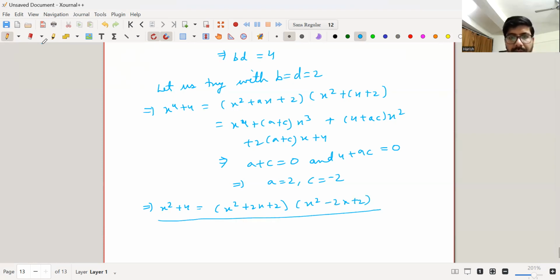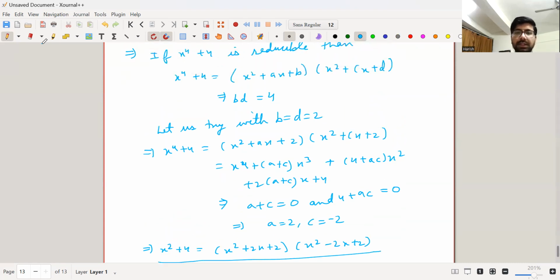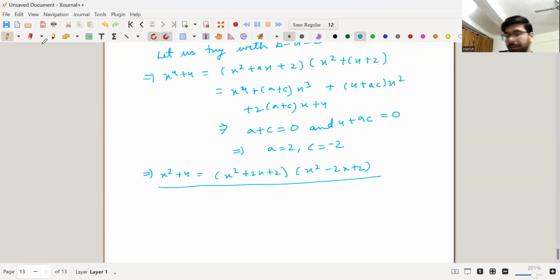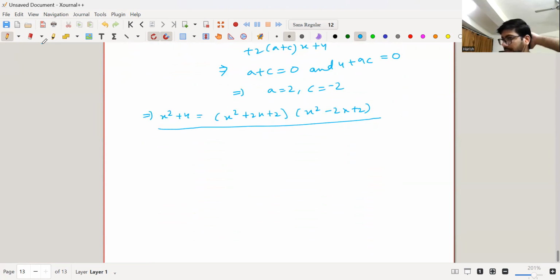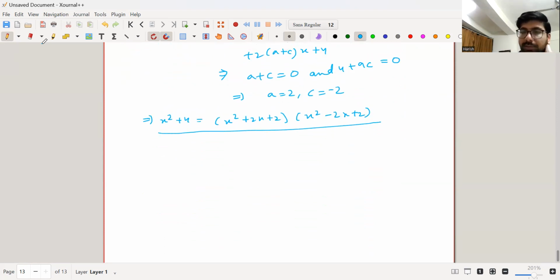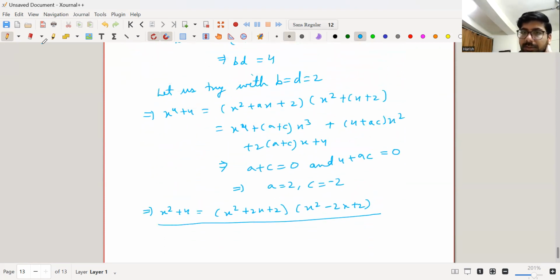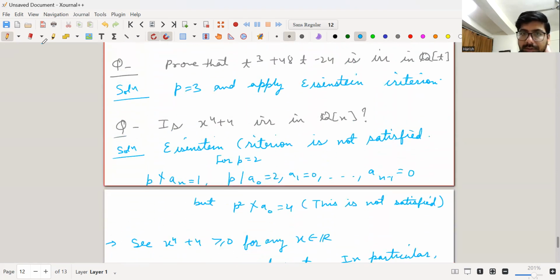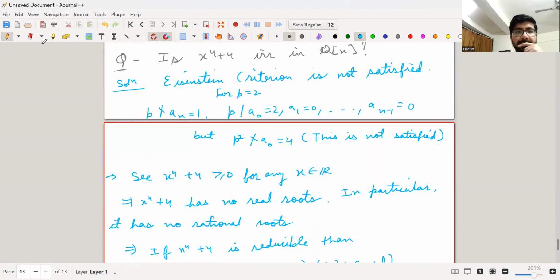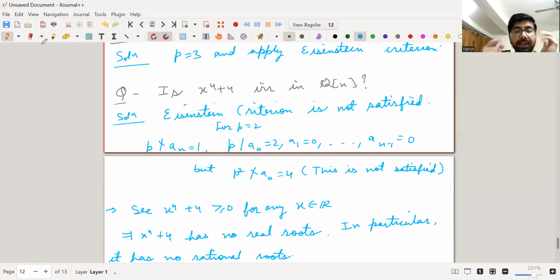It is reducible. So Eisenstein's criterion is not satisfied, but we are getting the polynomial to be reducible. So it's actually a positive example for the converse to hold, but actually it won't hold in general.